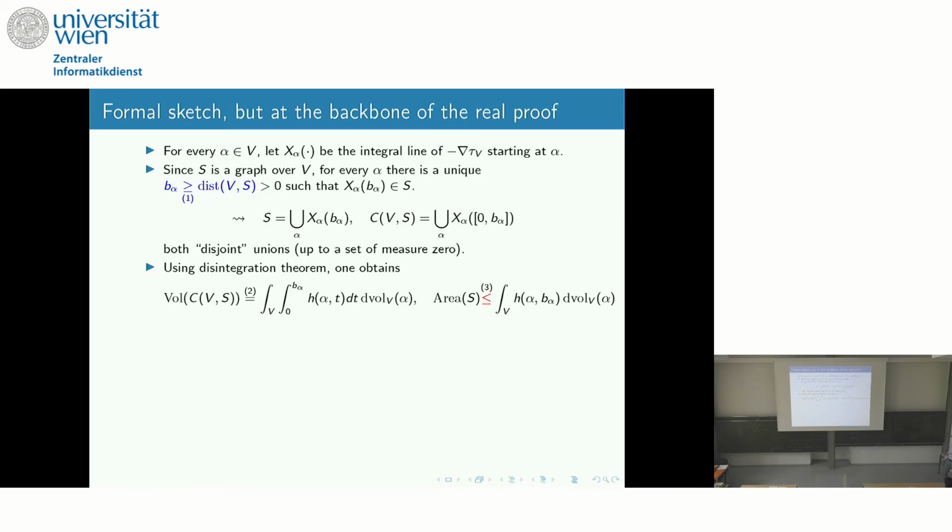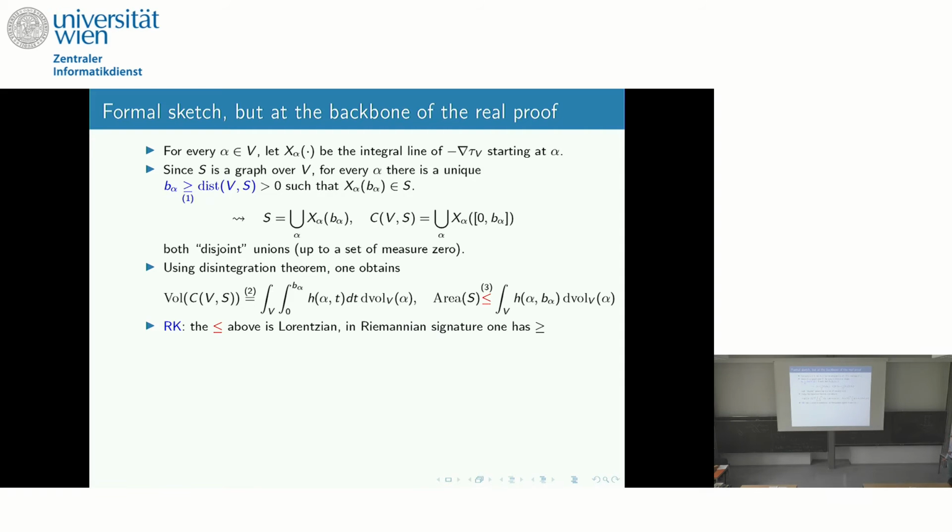And then at first approximation, you can think that the area of S is equal to the integral of this weight evaluated at the endpoints. That's not exactly true, but you have just an inequality, which is what you need. So the area of S is bounded above by the integral over V of these densities at the endpoint.